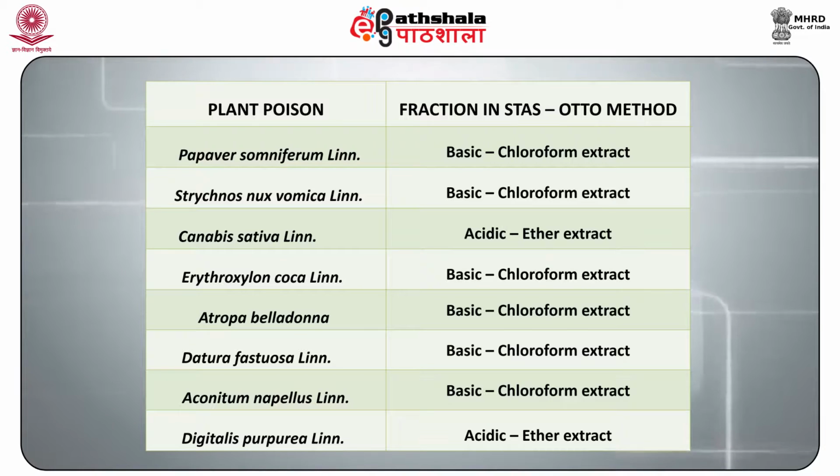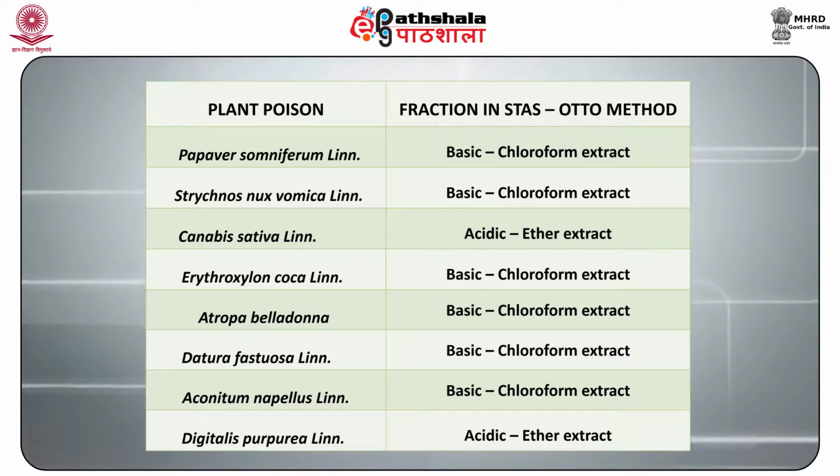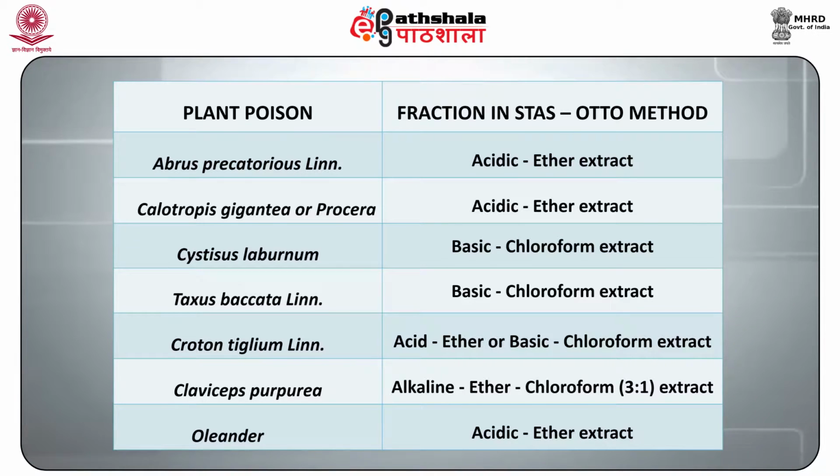For Digitalis purpurea it is acidic ether extract. For Abrus precatorius the fraction obtained is acidic ether extract. For Calotropis gigantea or procera it is acidic ether extract. For Cytisus laburnum it is basic chloroform extract. Next is Taxus baccata, basic chloroform extract.